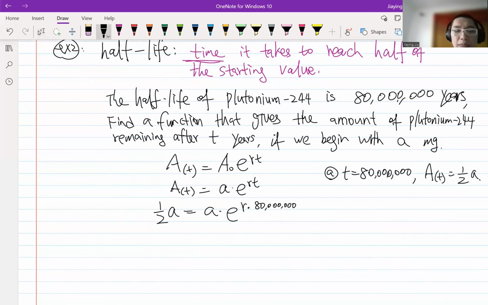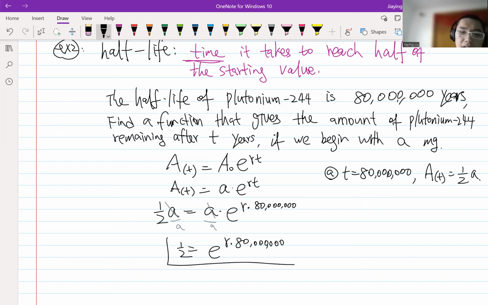From here, we're just going to try to solve for the rate. There's an A on both sides of the equation, so that cancels when we divide by A on both sides. So we get half equals e to the r times the half-life, 80 million.